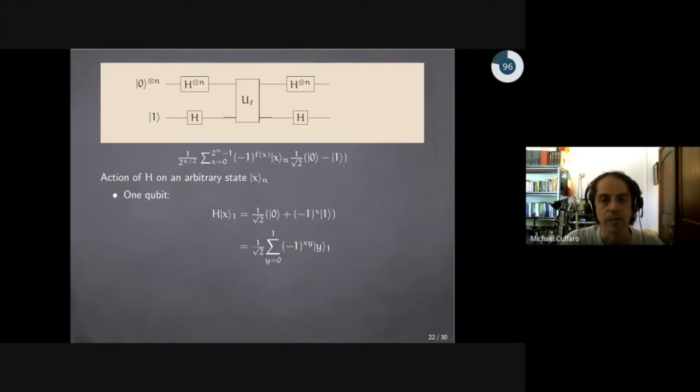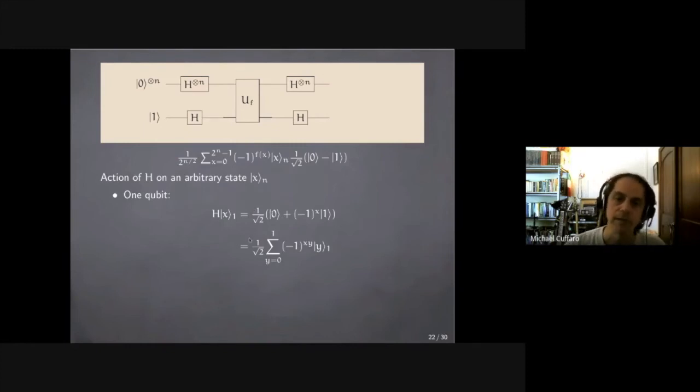Okay, so let's first consider the case of one qubit. If it's one qubit, it's going to be either 1 or 0. So if x is equal to 0, then remember that the Hadamard gate takes 0 to 0 plus 1 over root 2. Minus 1 to the 0 is 1, so we get 0 plus 1 over root 2, while if x is 1, then we get 0 minus 1 over root 2.